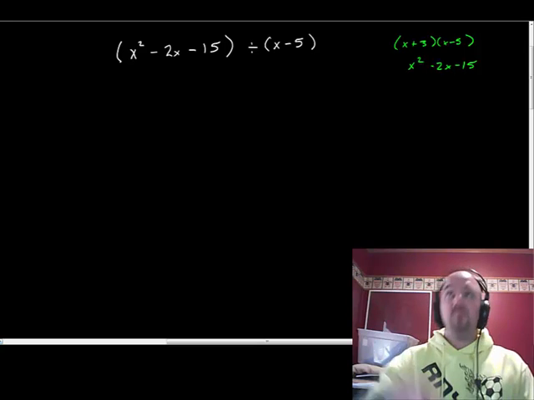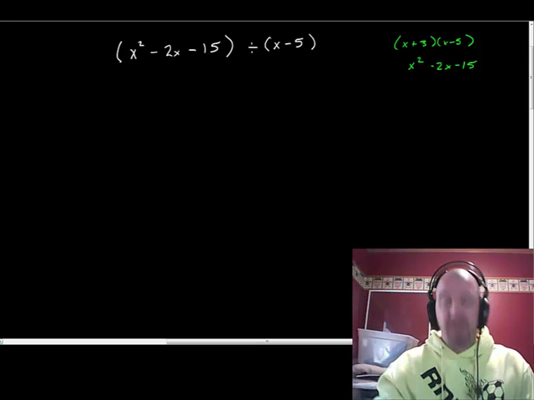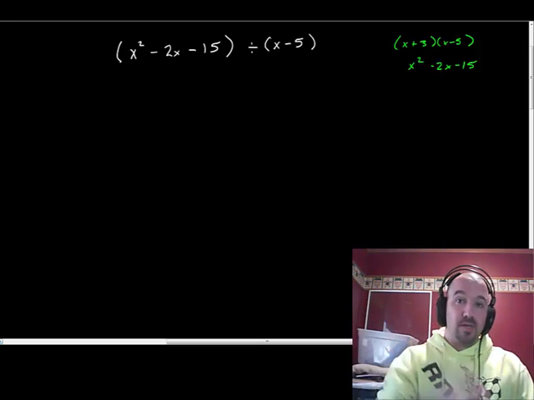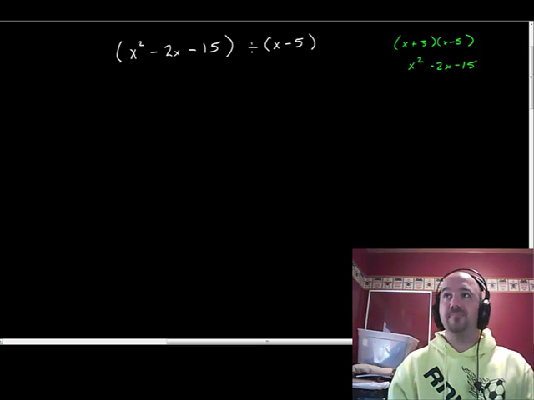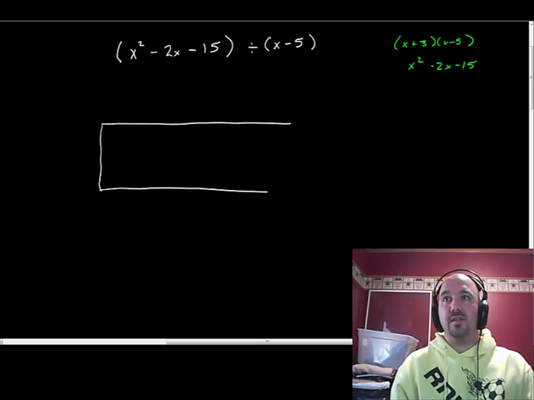So I developed this in multiplication format first. Now we're going to go back and see if we can use that same grid idea to divide. Let's start off. I'm going to create a grid, and I always make these grids one term longer than my dividend, the thing I'm trying to divide.